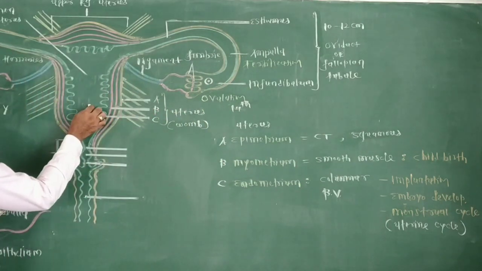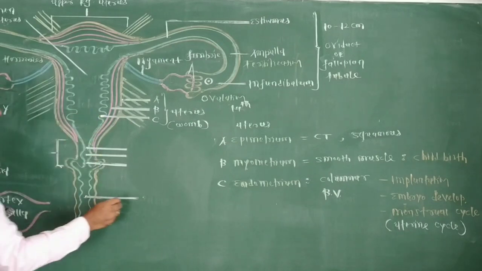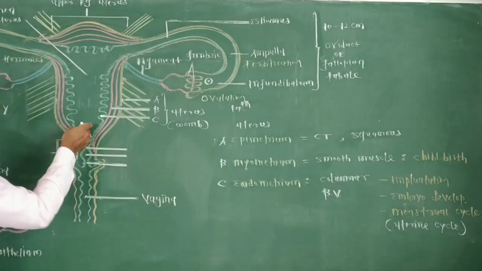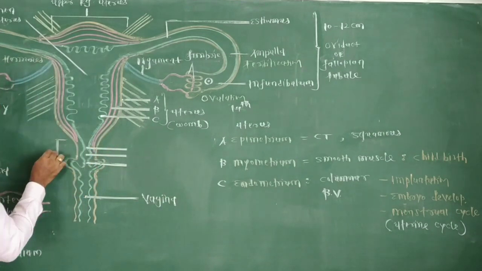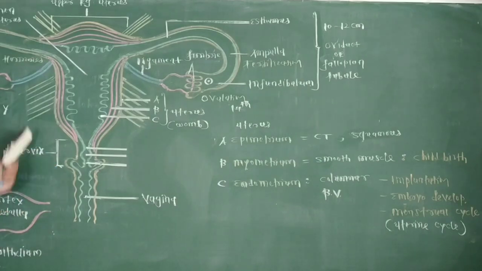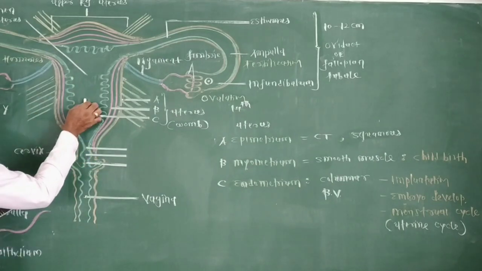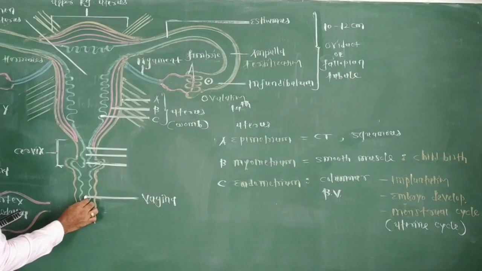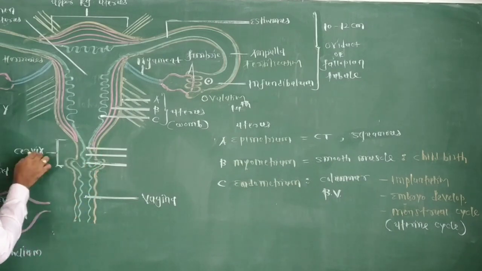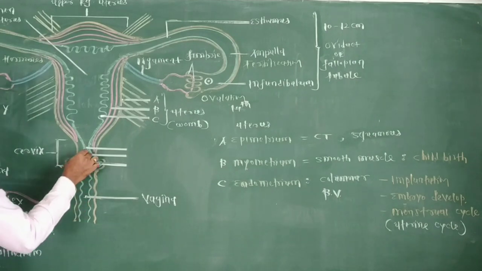Now the lumen of the uterus is connected to the vagina by a narrow passage, the cervix, also called the mouth of the uterus.